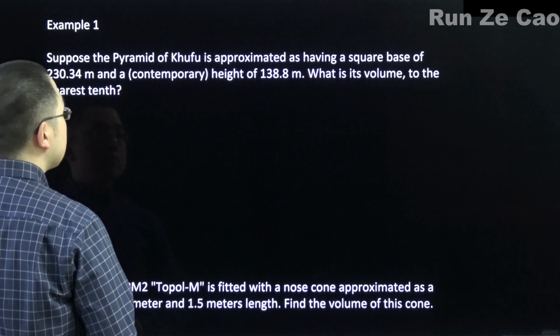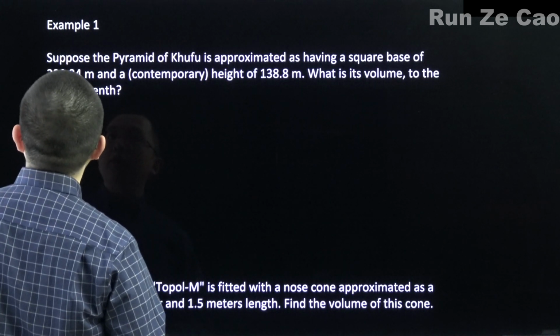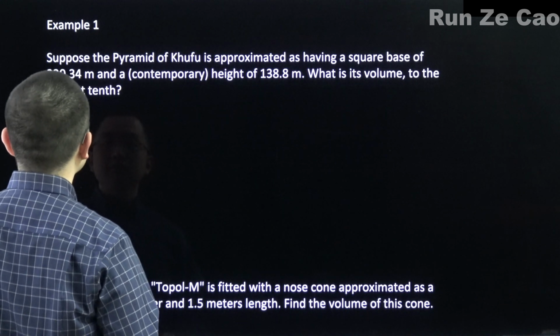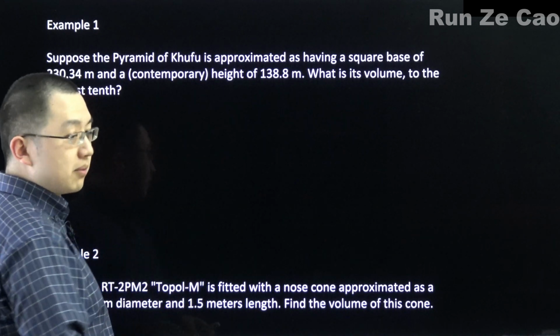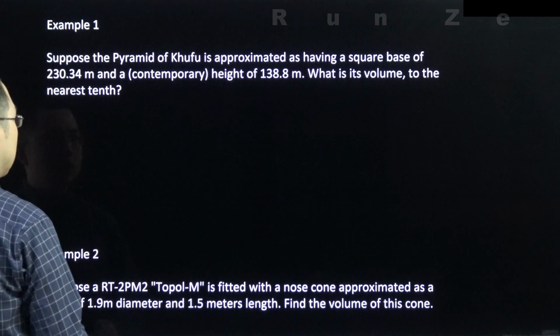Okay then. The square base of 230.34 meters, that's a linear dimension. But it says it's a square, therefore it means the side length of the square.